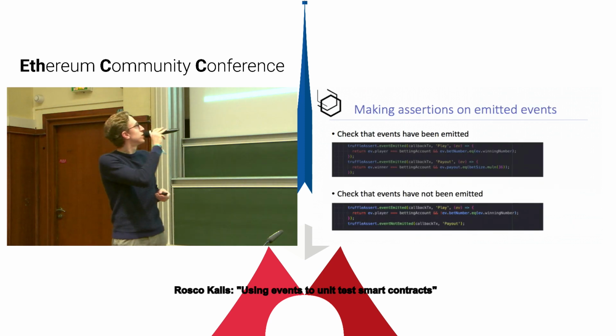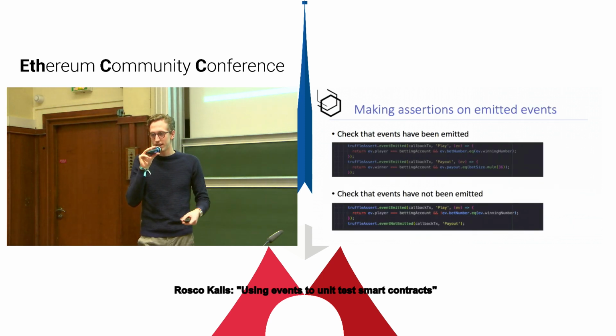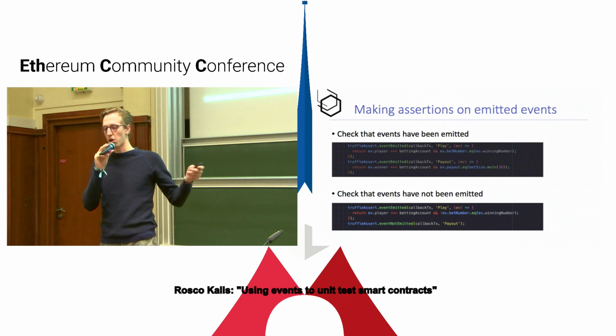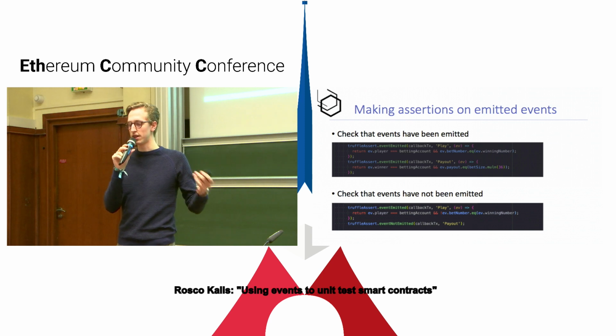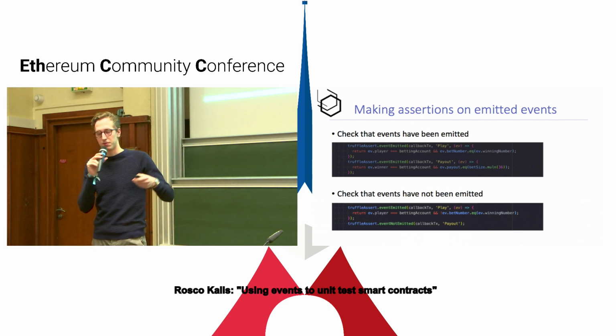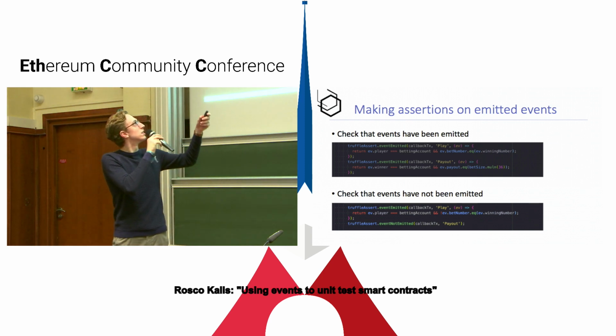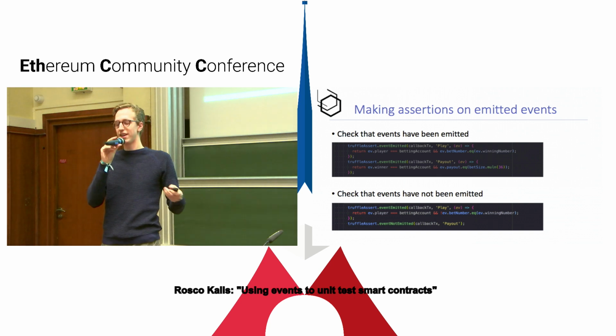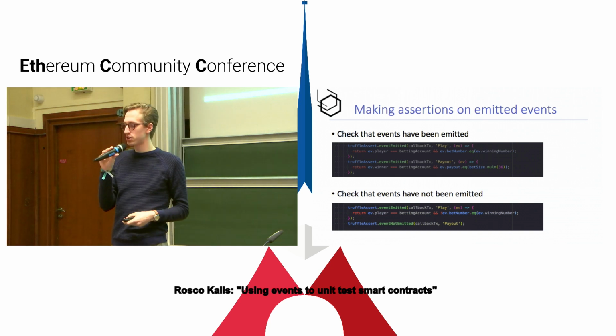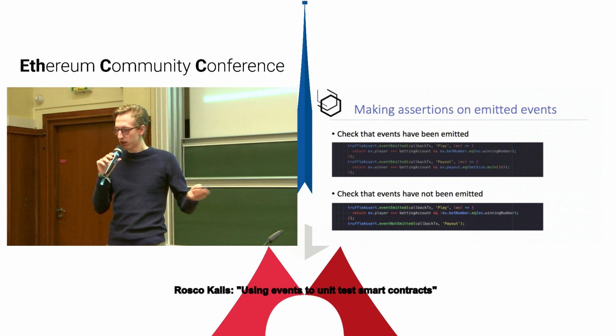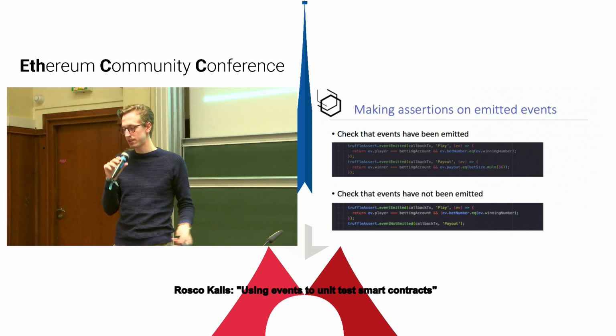So we want to look at making these assertions on emitted events. With this library, we can, for instance, check that an event has been emitted. We can do that by saying we want to have the play event, and you can add a filter function on these arguments. So we can say the player must be the account that we use to bet.